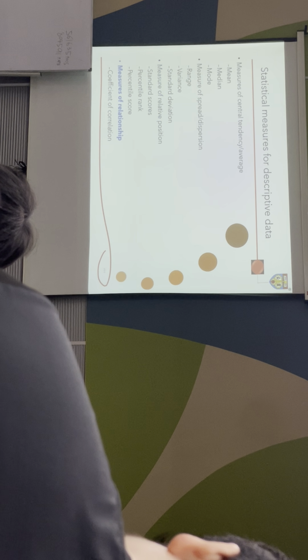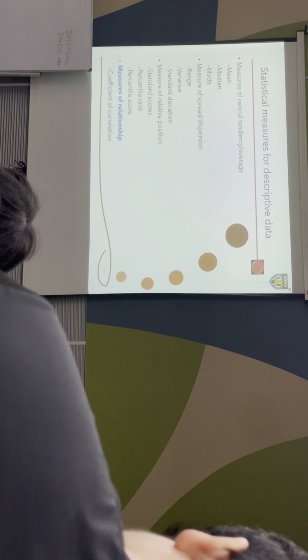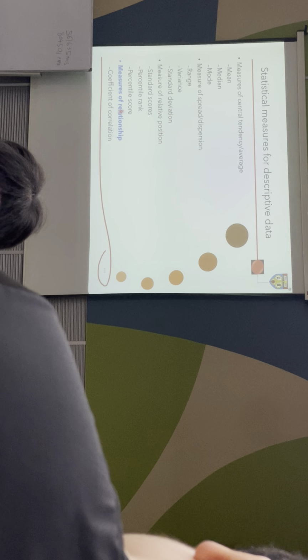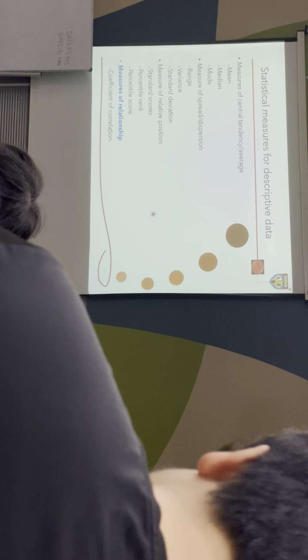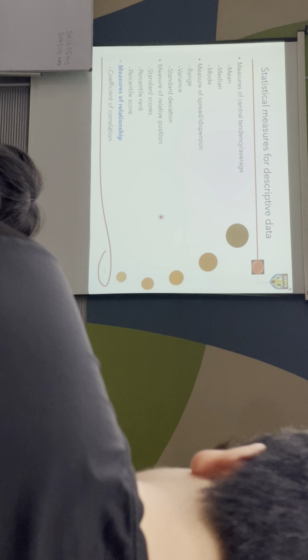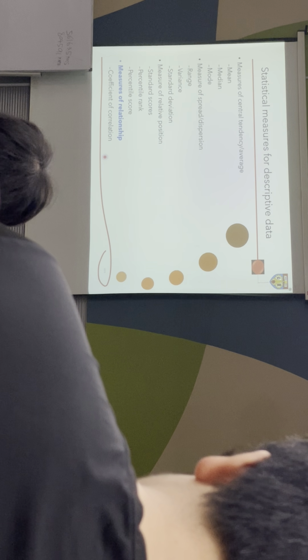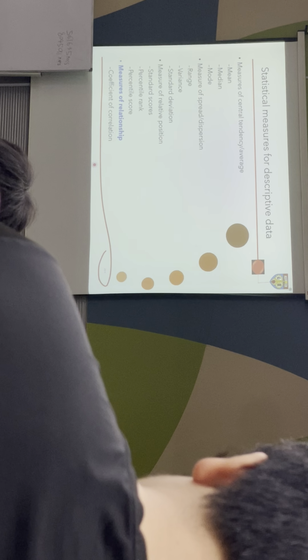Okay, and then if you want to measure the relationship, you can use the correlation coefficient. Correlation coefficient is one type of measure that you can use to identify the strength and the direction of the linear relationship between two variables. Normally the range is between -1 and +1.